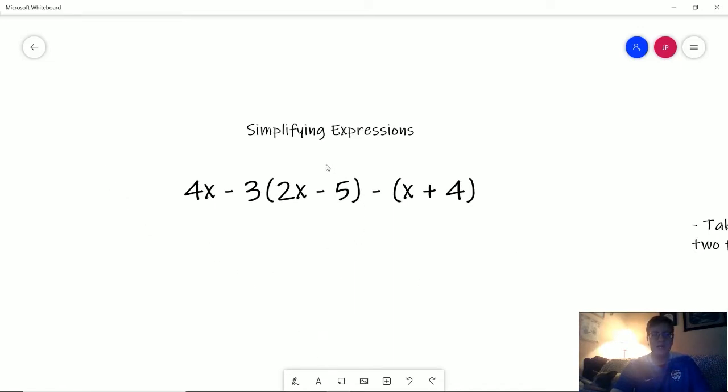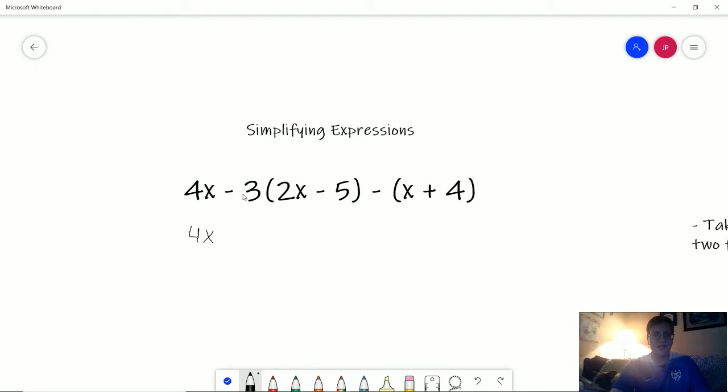So to start with, to apply some of the things that we worked on last year, we know that we can use the distributive property to get this portion. Actually, we can use the distributive property to get this portion as well. We want to take both of these sections and break them back apart so that we can figure out what we're working with. Our 4x would stay the same.